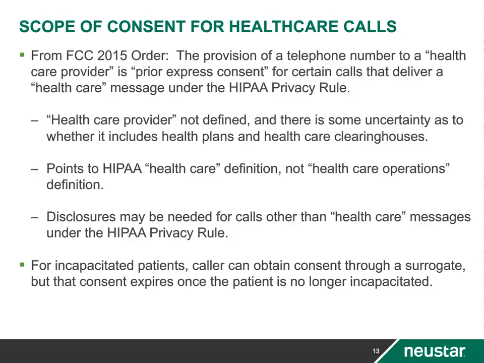As Becky mentioned, in some contexts, the provision of a telephone number to the caller without any other disclosures is going to be sufficient for non-marketing calls, including non-marketing auto-dialed or pre-recorded calls.